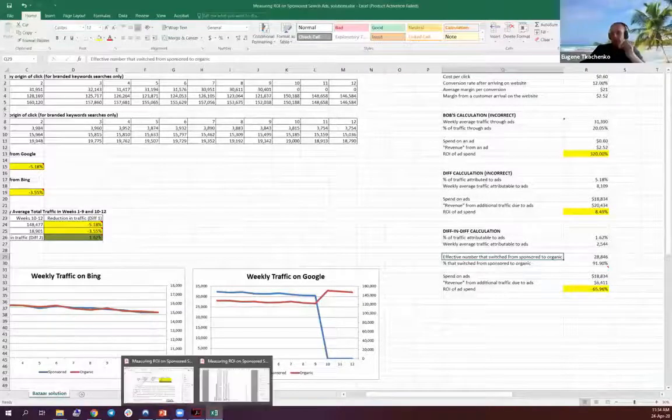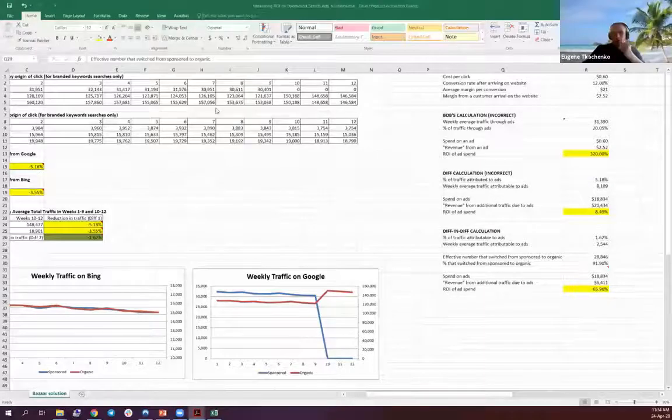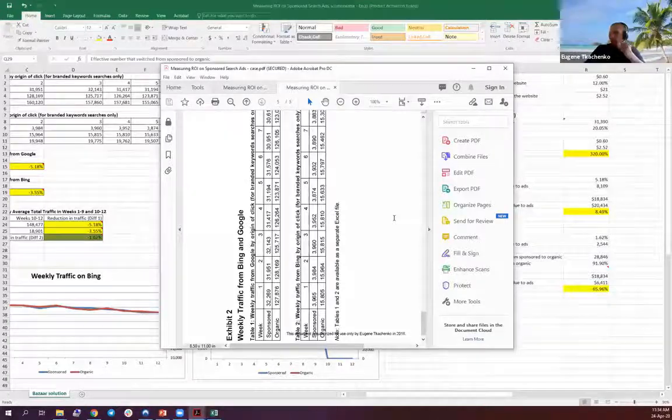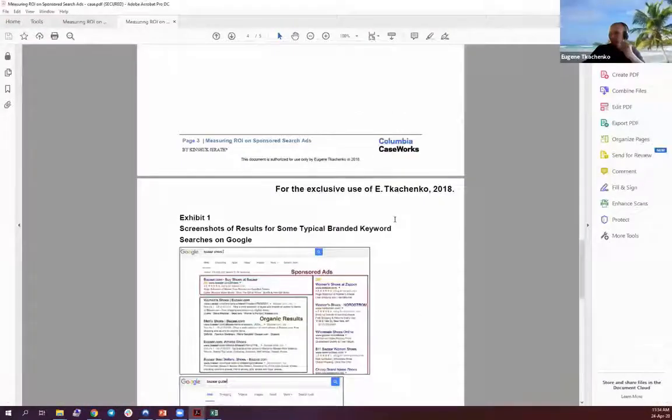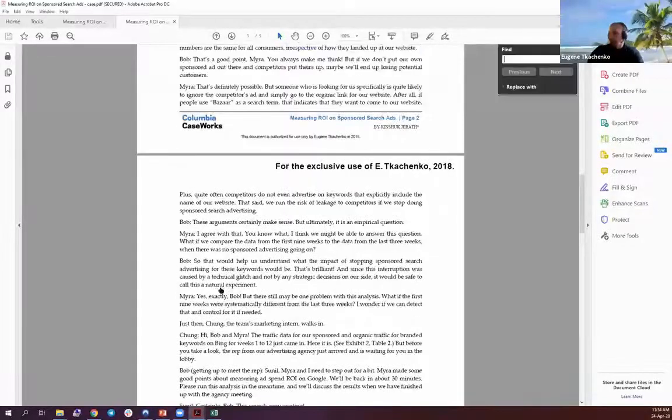In this case, there was also a very interesting example of using what's called a natural experiment. One second, I'm just trying to quickly find it so I can explain it better. So natural experiment, in fact, it's not a natural experiment, it's a field experiment.